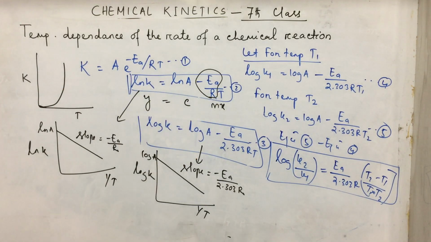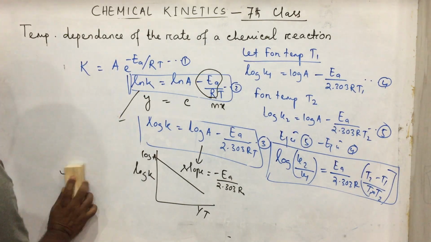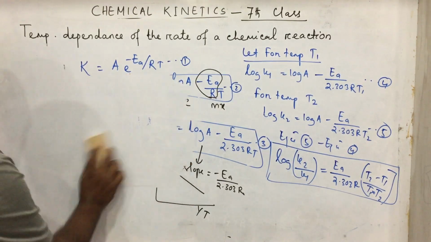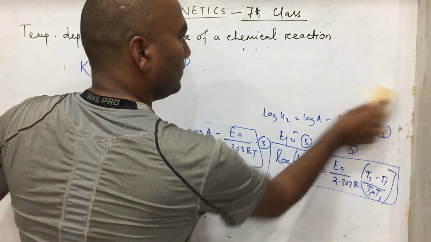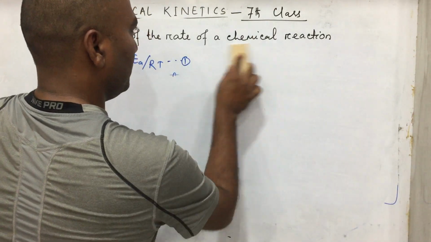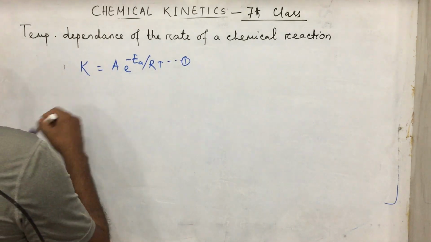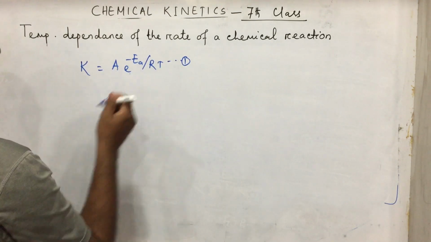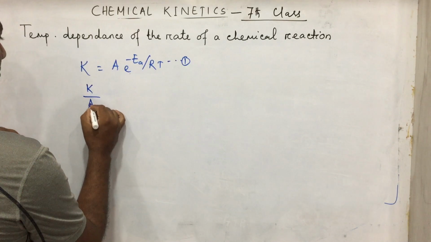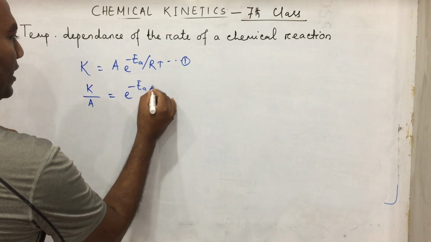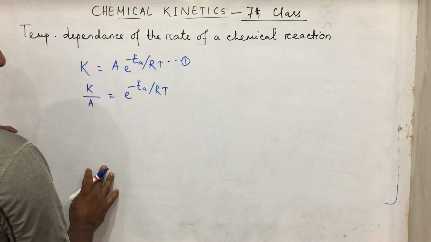Check this. So another part, from this we can write like this. So k equals A into e to the power minus Ea by RT. So we can write k by A equals e to the power minus Ea by RT. Clear?